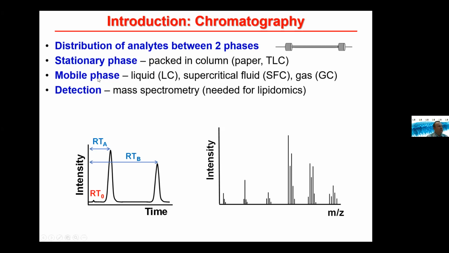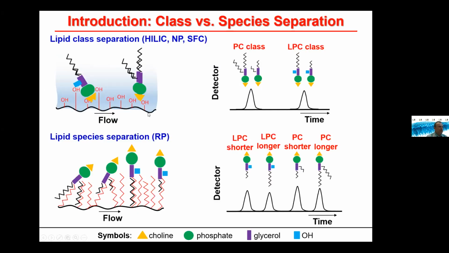The second phase is the mobile phase, which is liquid in the case of LC, or supercritical fluid for SFC, or it could be gas for gas chromatography, not covered in my lecture as well. And finally, the last step should definitely be mass spectrometry for detection, because for all omics techniques, including lipidomics, it's really needed, and universal detection like UV will probably not be sufficient.